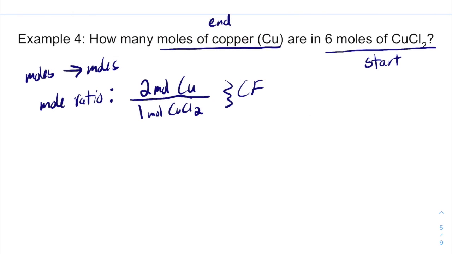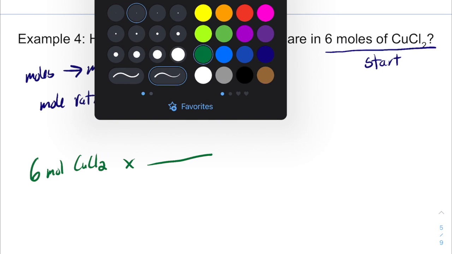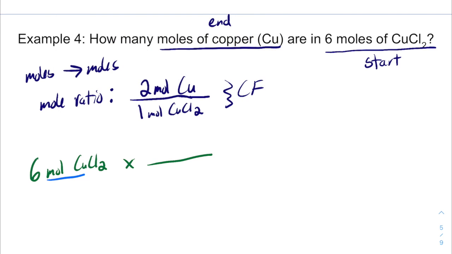So my start is 6 moles of CuCl2, and I'm going to multiply that by my conversion factor. Whatever this unit is, that is the unit that is going down here, because we want to cancel it out. So I'm going to put 1 mole CuCl2 on the bottom, and then the 2 moles of Cu is going to go on the top.